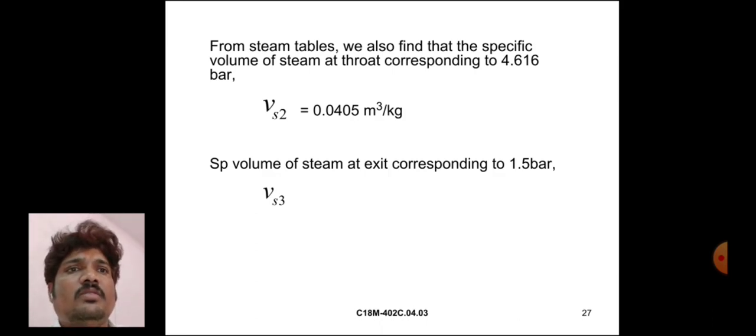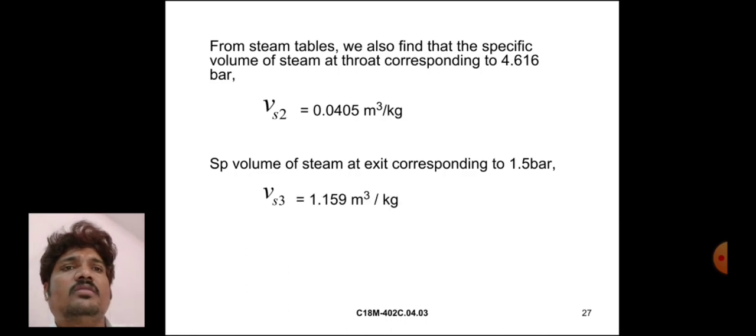Specific volume of steam at exit corresponding to 1.5 bar is 1.15 meter cube per kg.